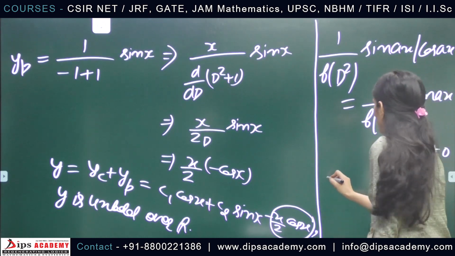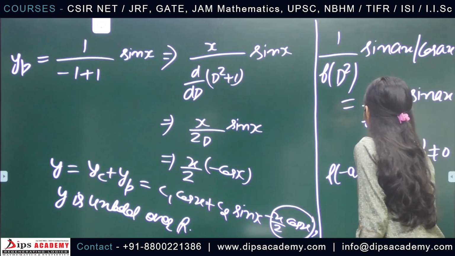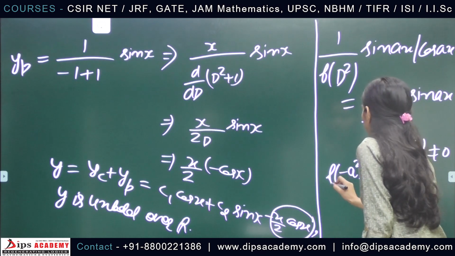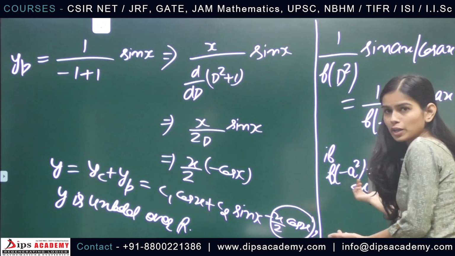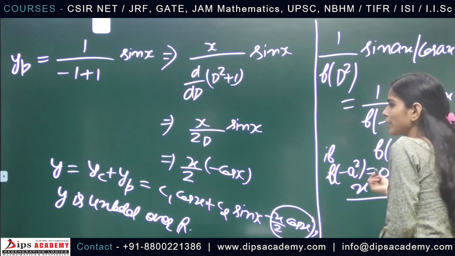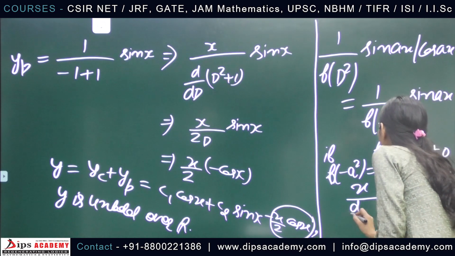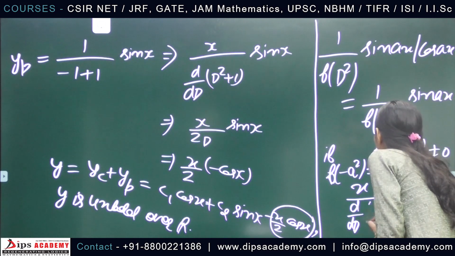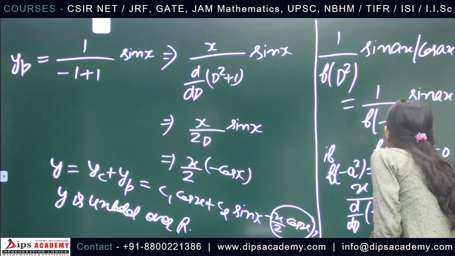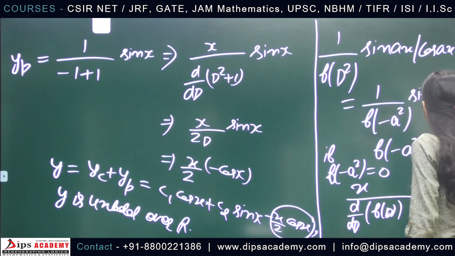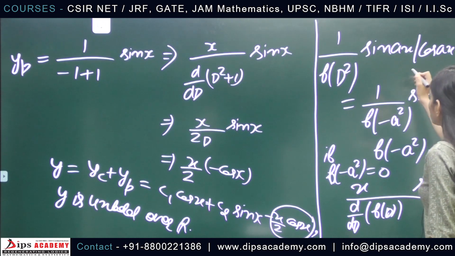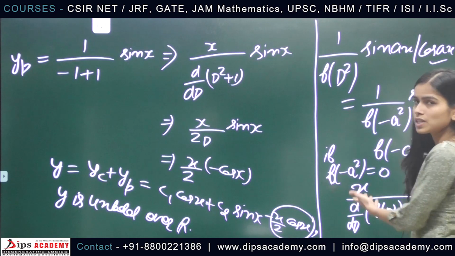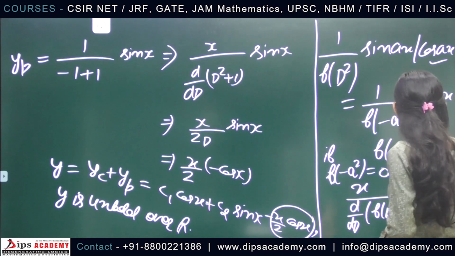When f of minus a squared is 0, we multiply by the independent variable x and take the derivative of the function of D with respect to D, keeping sin x, and then find the particular integral as in the previous case. This is our particular integral special case.